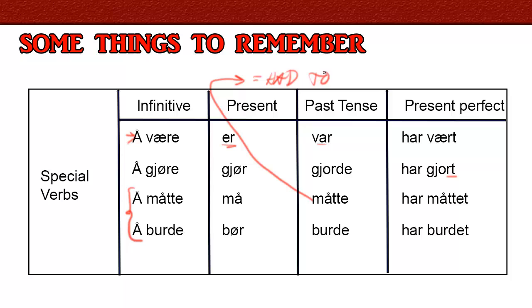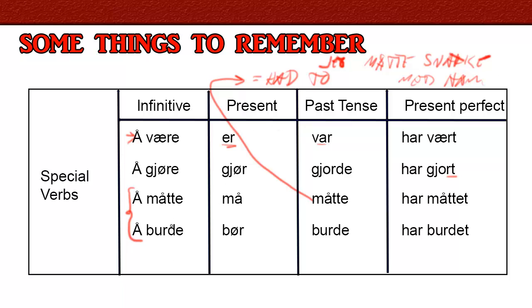So you cannot say hadde, the past tense of to have, in Norwegian. If you want to say I had to talk to him: jeg måtte snakke med ham.